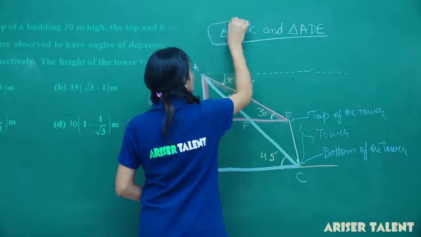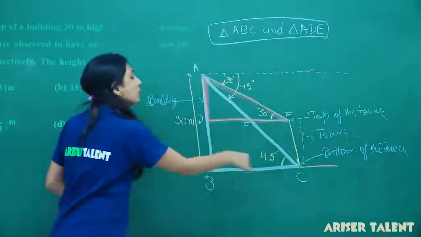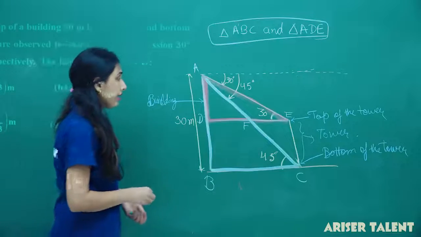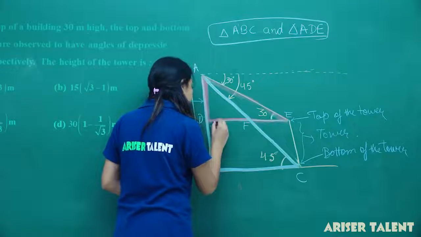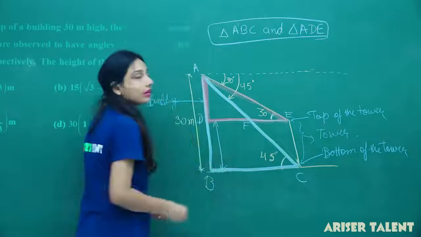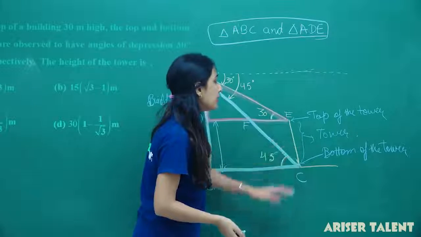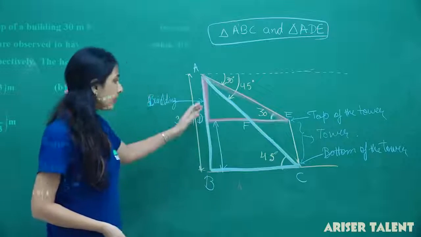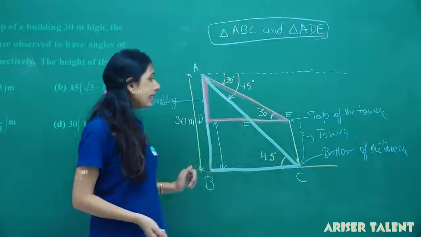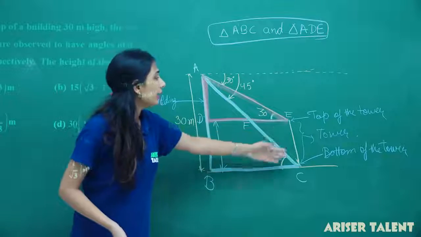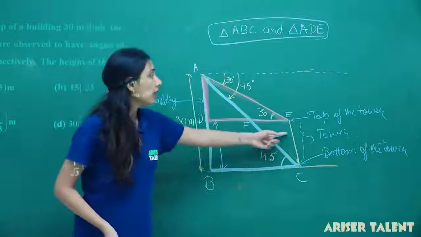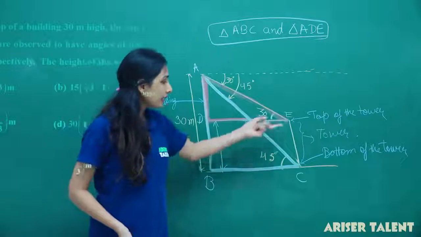Right, students? Now, in these 2 triangles, if I somehow find this height DB, then DB will be equal to this EC. You can say these are 2 parallel lines and this is a rectangle. So, DB and EC will be equal.